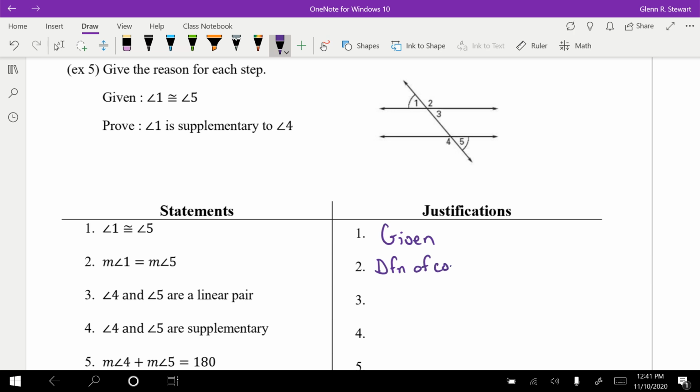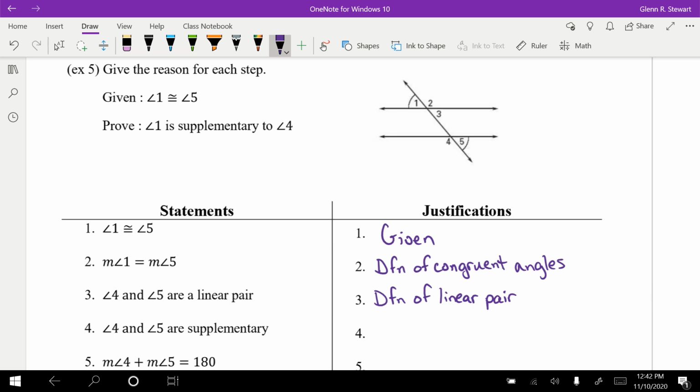Remember, if we move from equality to congruency or congruency to equality, we need to say definition of congruent and then whatever we're working with. In this case, it's angles. Angle 4 and angle 5 are a linear pair. We can say that that is because of the definition of a linear pair. And then once we know that those are a linear pair, angle 4 and angle 5 are supplementary.